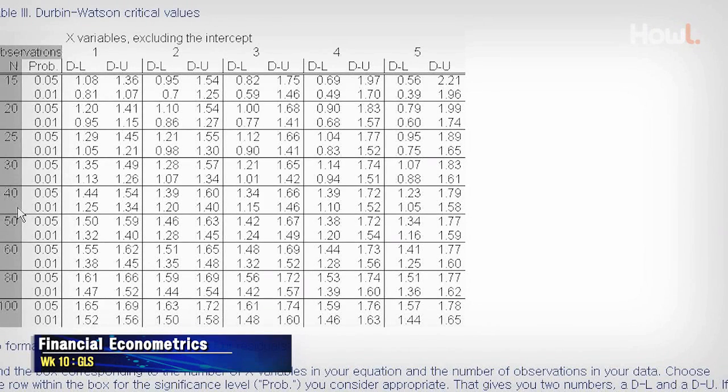Suppose you have 40 observations, and the x variables include an intercept. If we use three factors, then we have three variables. Suppose we have data of 40, and we can use this one, three variables and 40 observations, so 1.46.